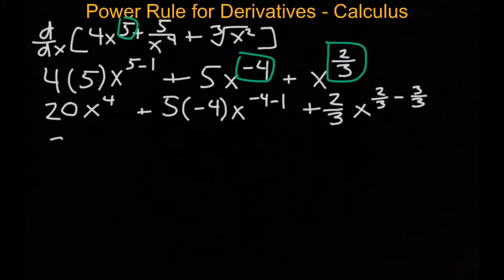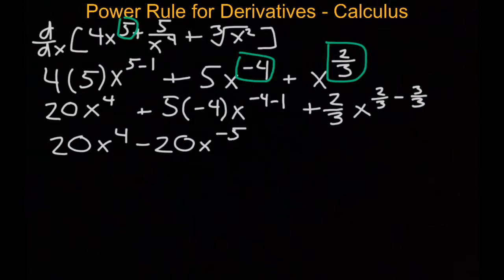Let's simplify this down. So, positive 5 times negative 4 is negative 20, and x to the power of negative 4 minus 1 is x to the power of negative 5. So onto the radical, we have 2 over 3 times x to the power of 2 over 3 minus 3 over 3, which is x to the power of negative 1 over 3.